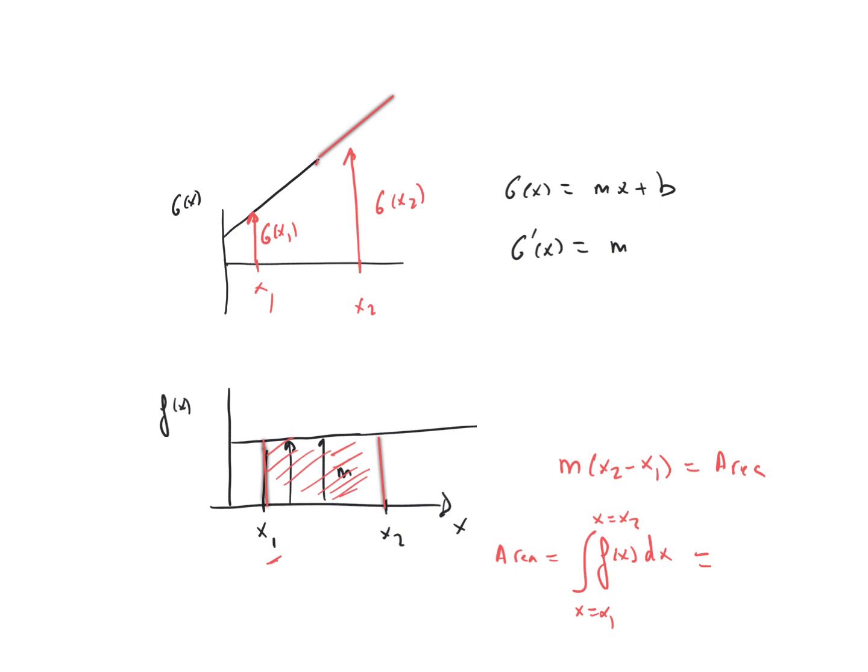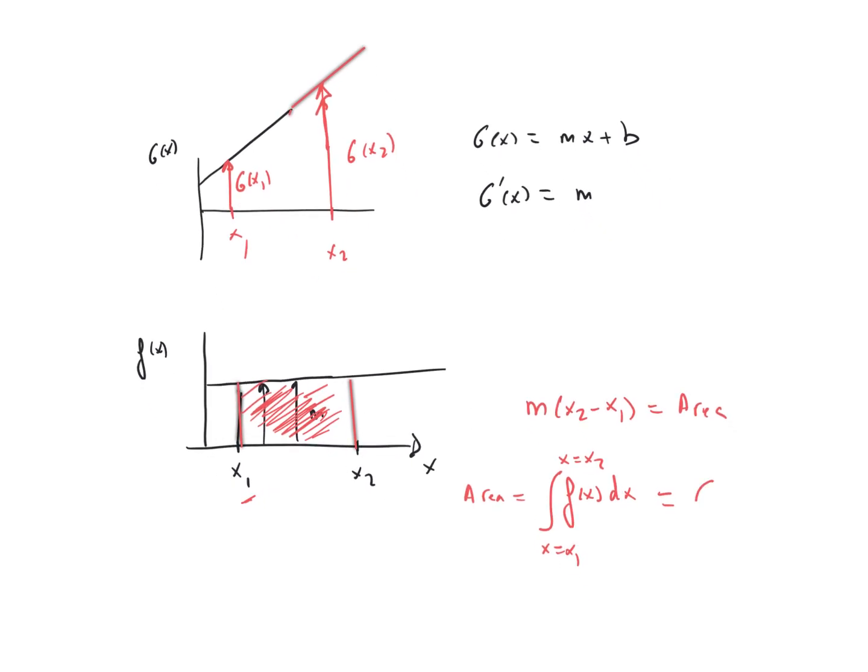So the area contained below the curve f of x is equal to the change in the antiderivative function, g of x2 minus g of x1.